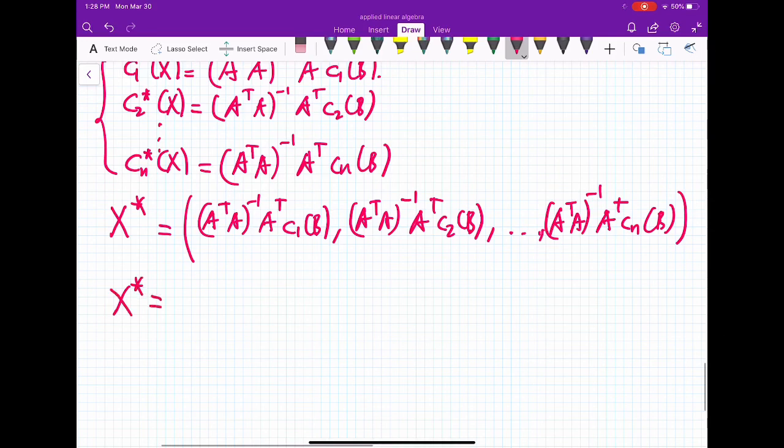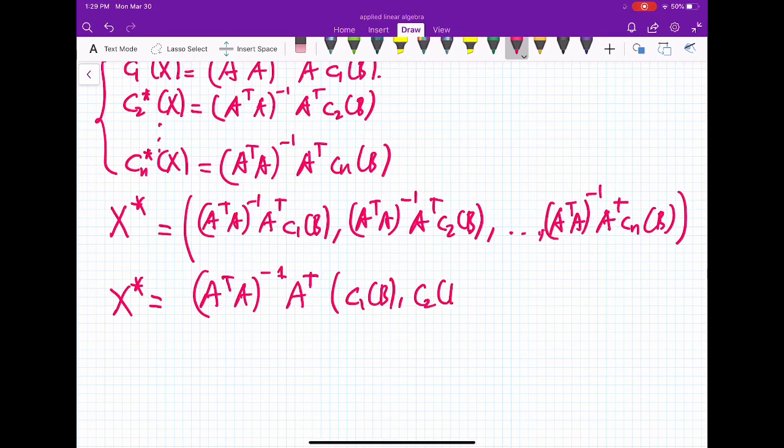So if I write that in the matrix form, X star is nothing but (ATA) to the -1 AT times the matrix with columns C1B, C2B, and so on, CNB, right? But what is this?